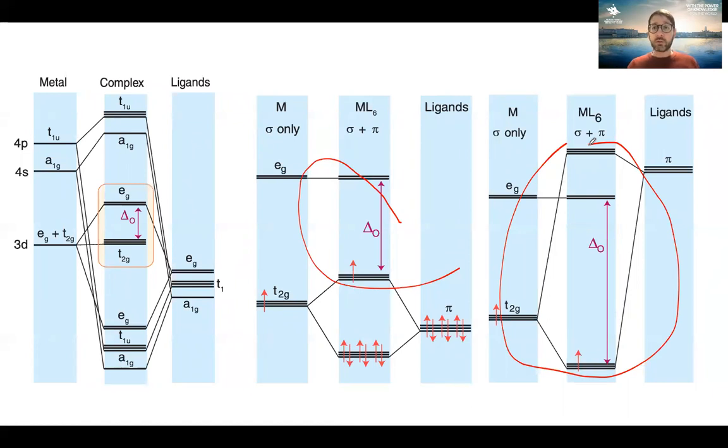So we saw sigma and pi bonding, and with ligand field theory we can explain the pi bonding in complexes and also the trends that we see for the ligand field splittings in the spectrochemical series.